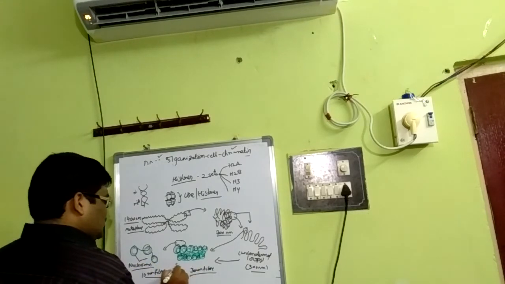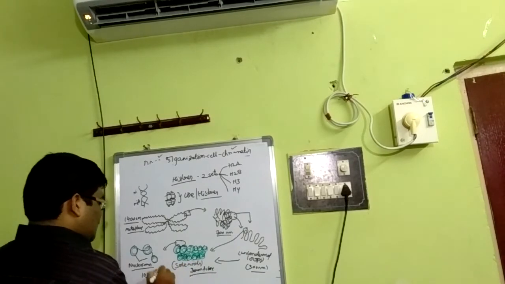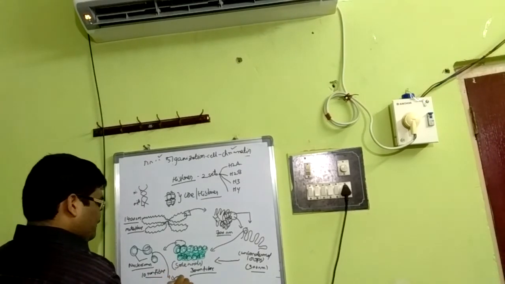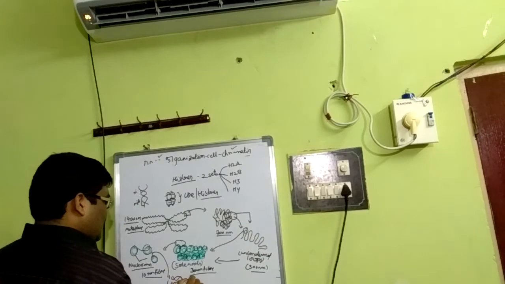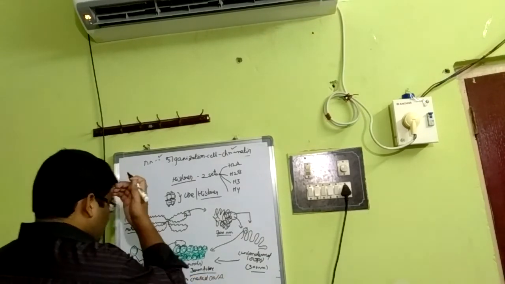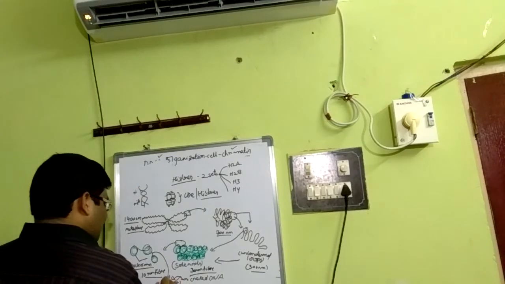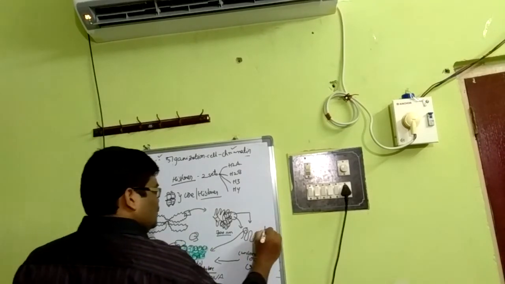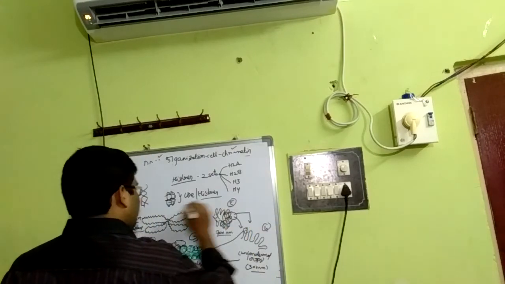And these are solenoids. Then if we magnify this, that leads to naked DNA, this is just 2 nanometers. Naked DNA. So it is the first step, then second, then third, then fourth, then fifth and sixth.